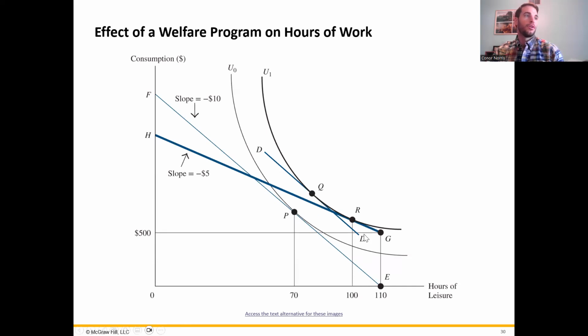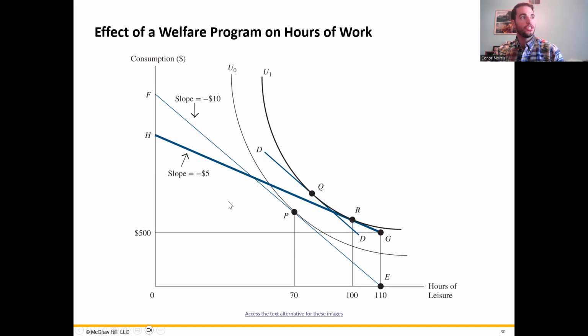So unlike before, where we just had that $500 line out here, now we have a different budget line. The individual can get that $500 grant and can still choose to work, but it has a different slope.